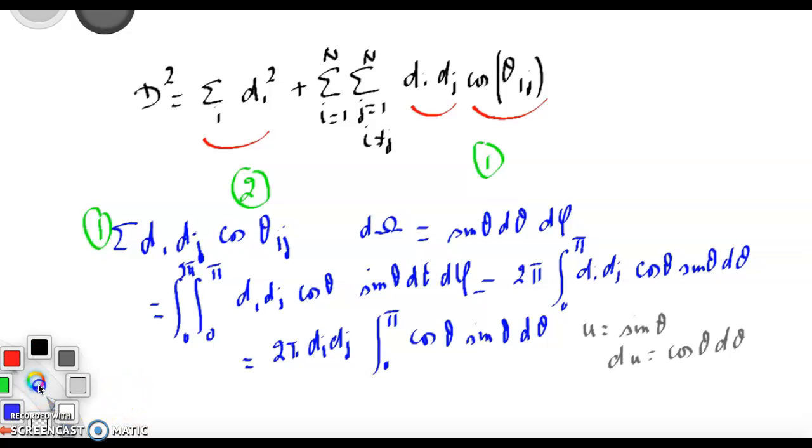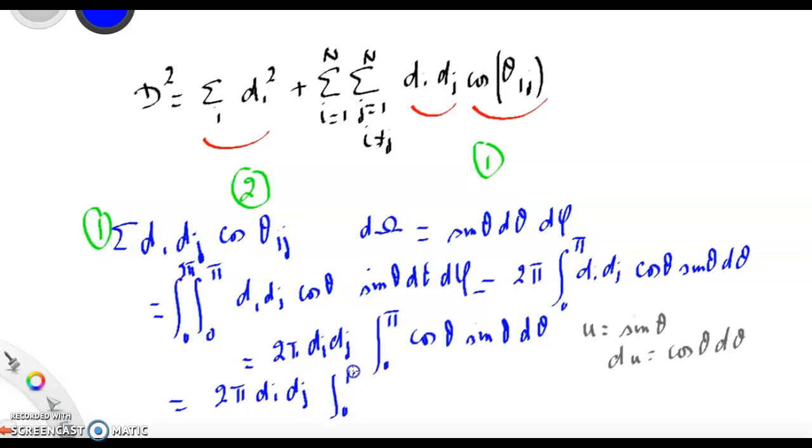So let me write it down as if I didn't notice that: 2 pi d_i d_j, integral from 0 to 0 of u du. You could make the change of variables u equals cosine theta and du equals minus sine theta d theta, but you're going to end up with the same result, 0. It's not going to be an integral from 0 to 0, but the end result is still 0.